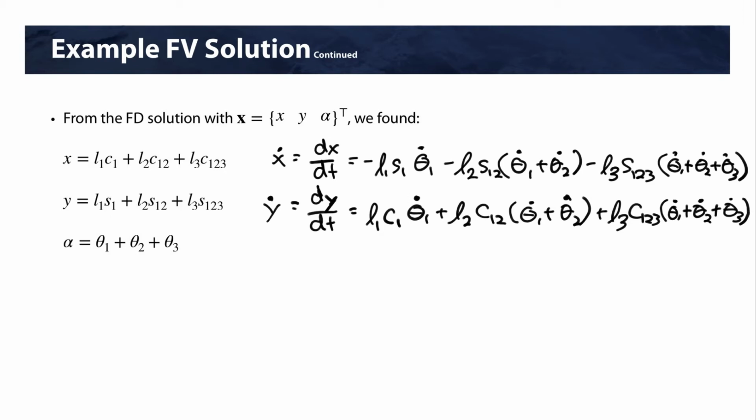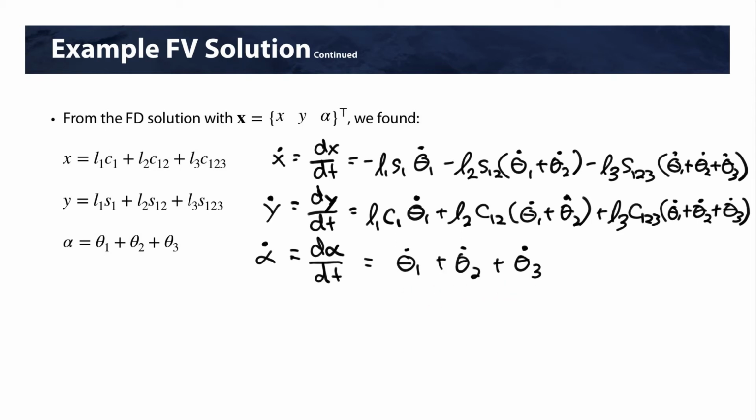And then lastly for alpha dot, it's just going to be d alpha dt, and that's simply theta 1 dot plus theta 2 dot plus theta 3 dot. And that is our forward velocity solution.